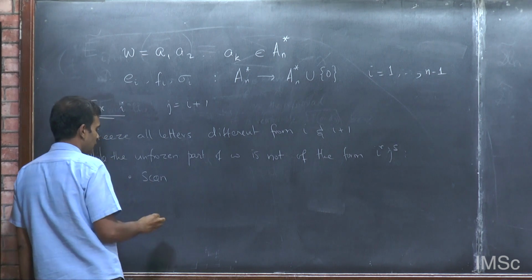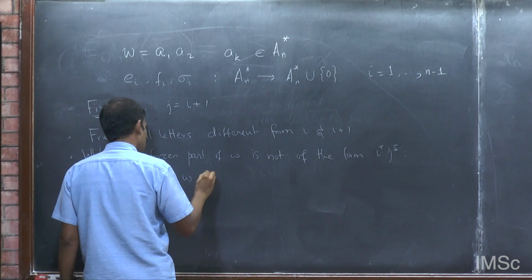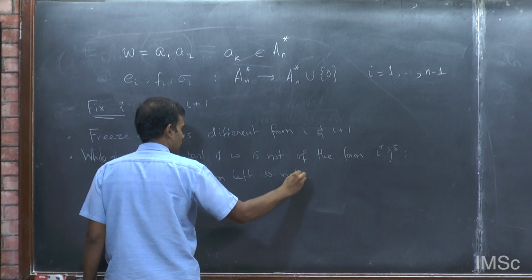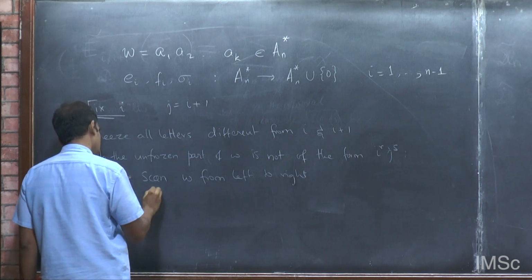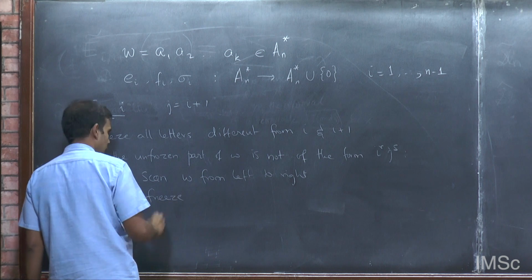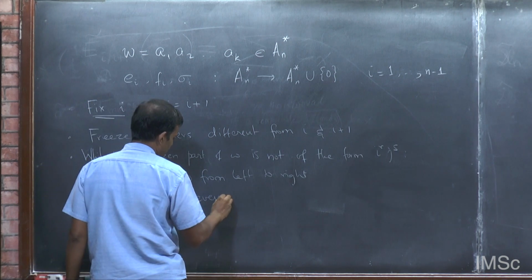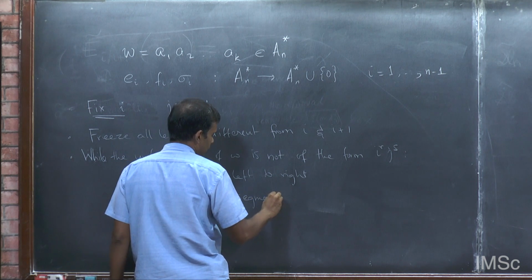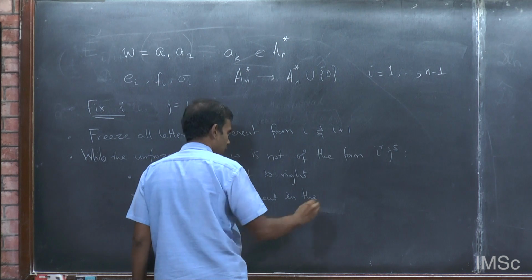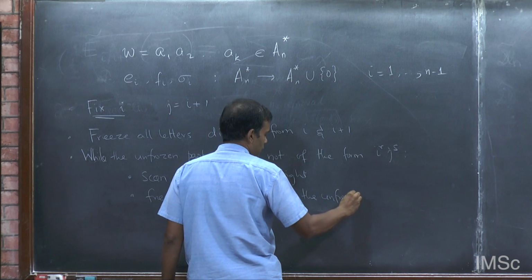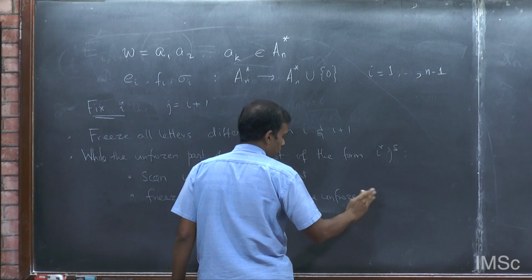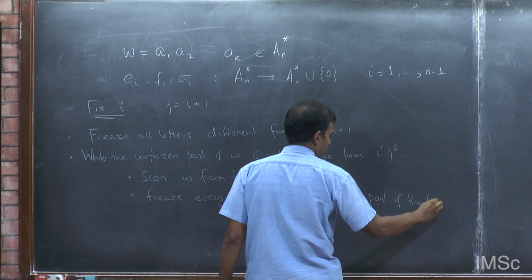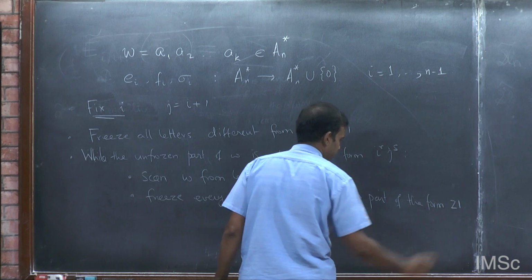Scan w from left to right, and then freeze every segment in the unfrozen part of the form j i.